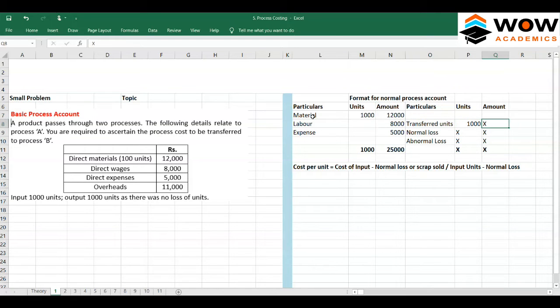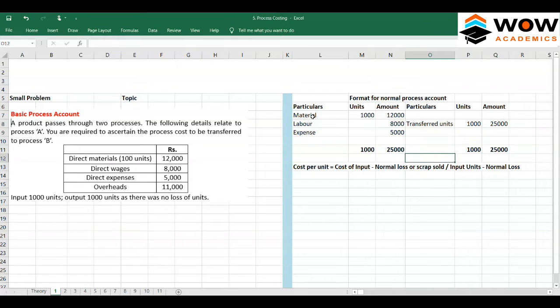So this amount only we don't know. There is no normal loss, no abnormal loss, so both we could remove. And the total would come to this side. In terms of units it's the same, and in terms of the amount it's going to be the same. So the amount would be 25,000 here.